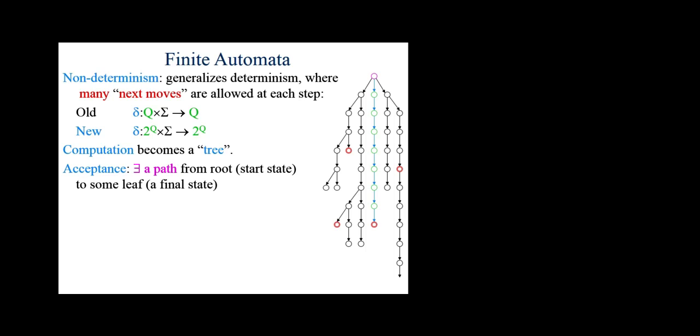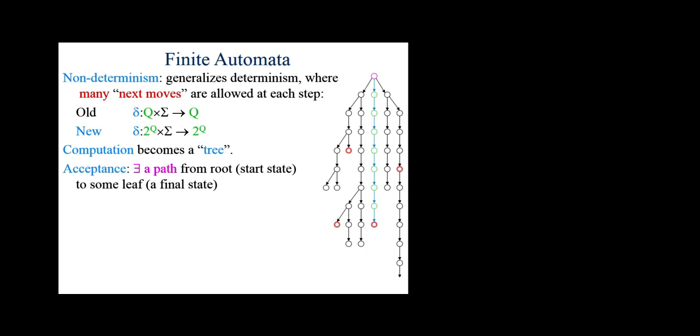And it's a generalization of determinism, right? So the question is, when do you accept? When you have a simple, straightforward, linear progression in the deterministic scenario, you accept simply when you end up in a final state. So when do you accept here? Well, here you accept as long as one of the paths accepts, and the whole computation is said to be accepting.